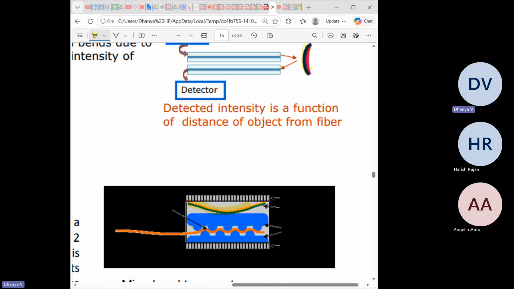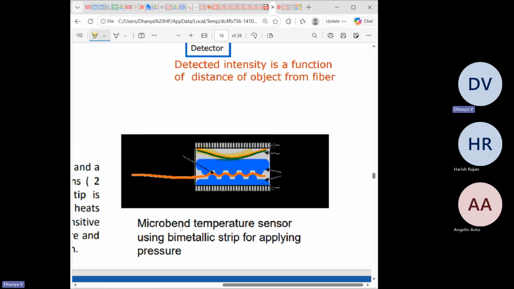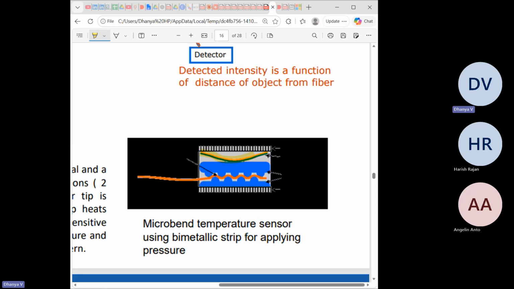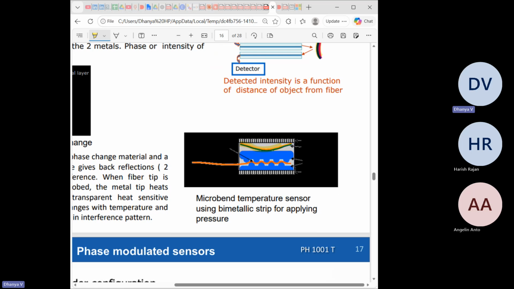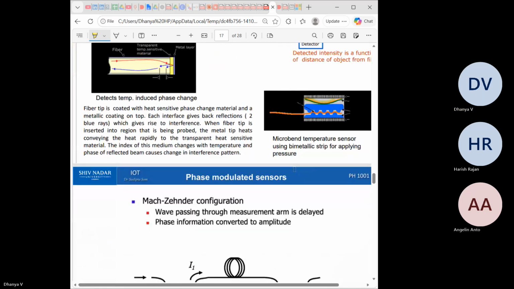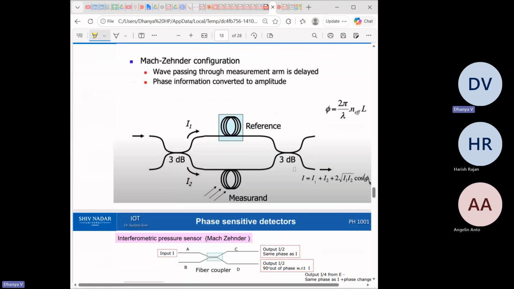So this wire bends over here. This is what your microbend temperature sensor does, using a bimetallic strip for applying pressure. The bimetallic strip bends because of heat, then this pressure is applied, and your wire bends.